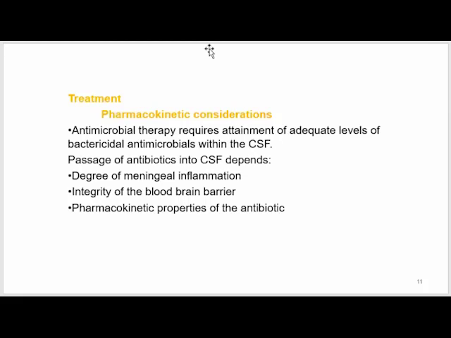We know that some antibiotics will penetrate the BBB, blood-brain barrier, when only the meninges are inflamed. Some, they'll penetrate whether the meninges are inflamed or not. So you need to consider all those factors when it comes to treatment.